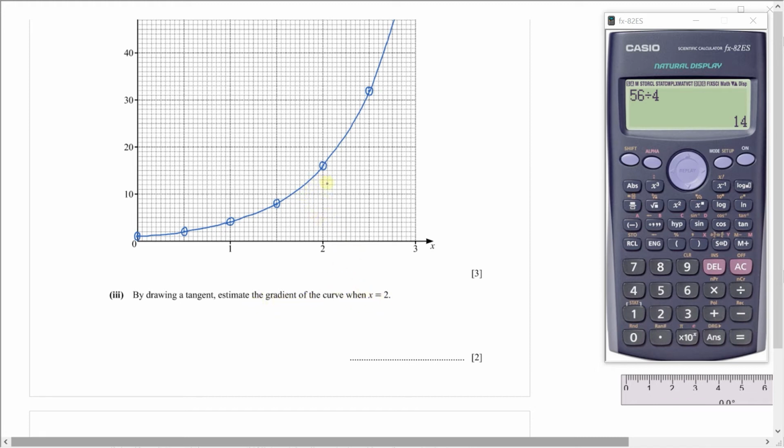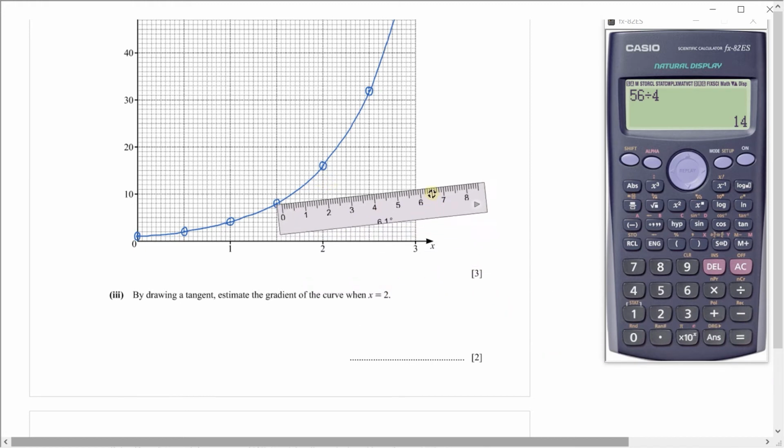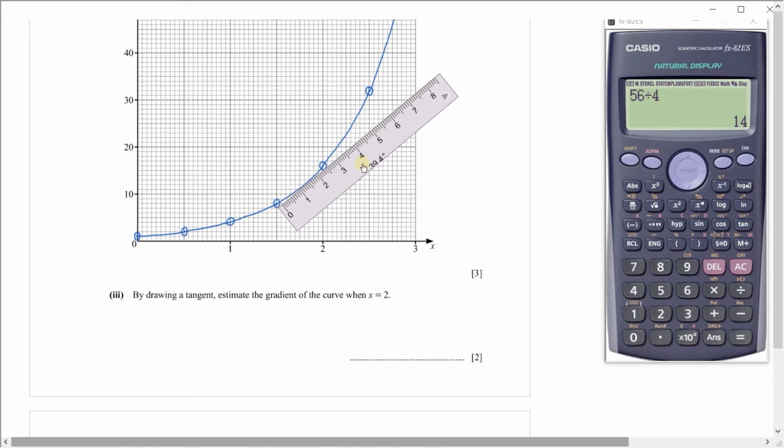So let me bring my ruler here and we'll try to draw a line which will just touch this curve at x equals 2. Maybe a little bit more. So you'll try to align the ruler such that it just touches the curve at this point.